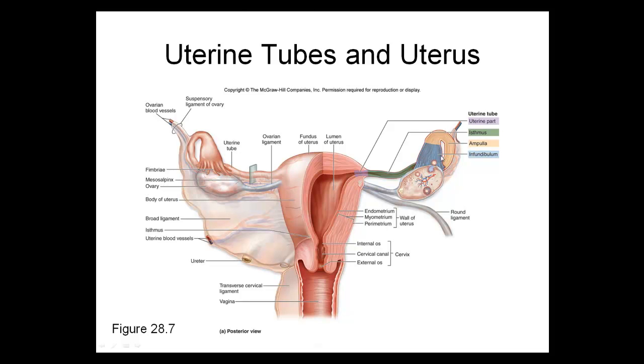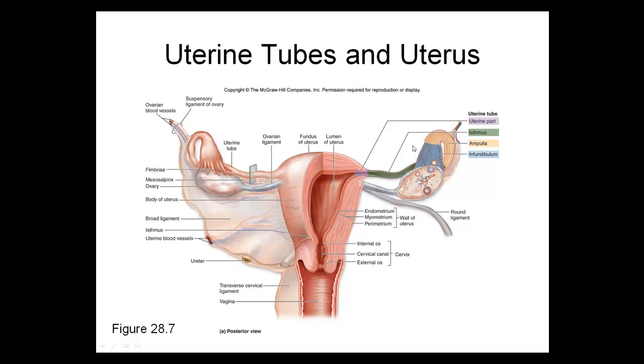And from there we're going to get into the ampulla, and then we go from the ampulla into the narrow portion of the tube, and we call the narrow portion the isthmus. You can see it here. And then we have a uterine part, the part of the tube that is inside the uterine wall. That is the uterine part of the fallopian tube.